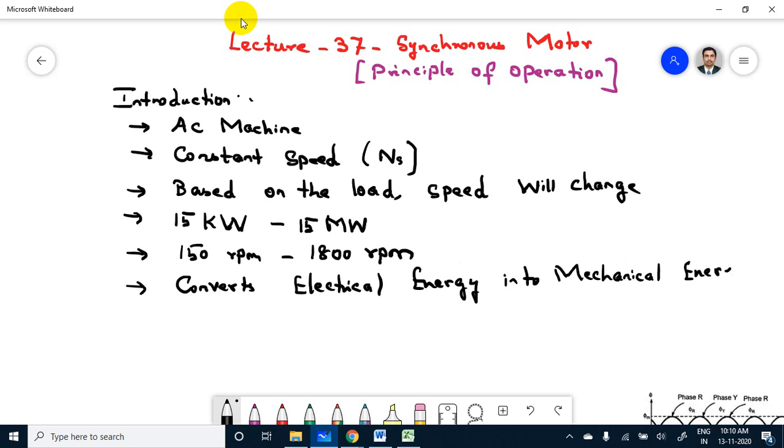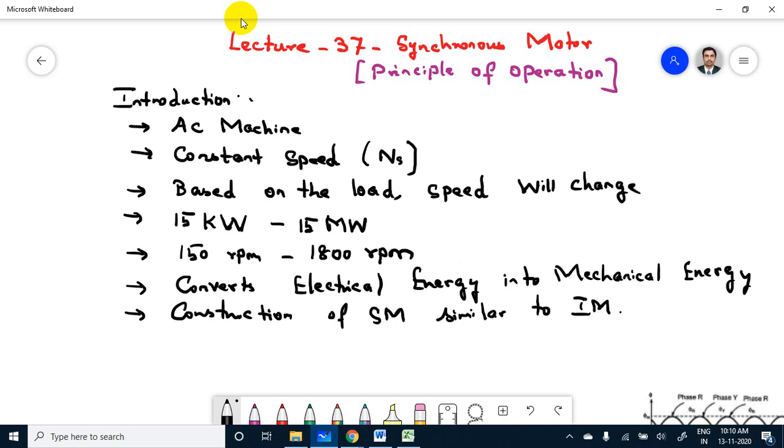Okay, so the construction parts available in the synchronous motor are just similar to the induction motor.